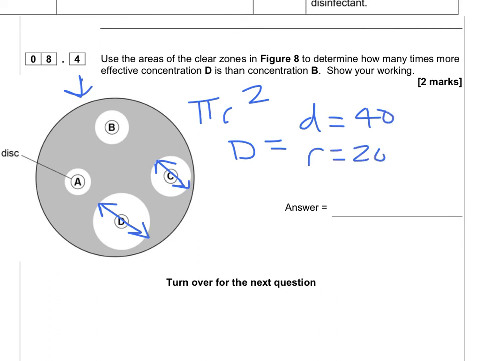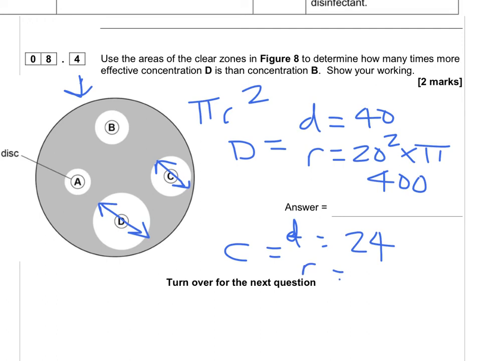I'm going to do 20 squared times pi, so pi r squared, and that will give me 400. And then C, I'm going to imagine the diameter is 24, so the radius is 12, and you square it times pi, and that will give you 144.